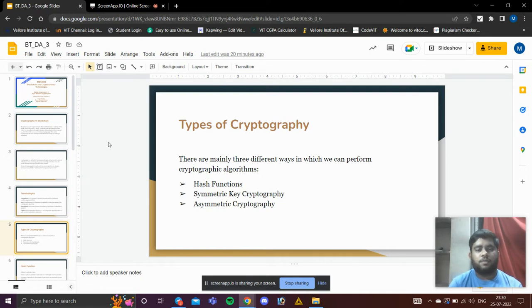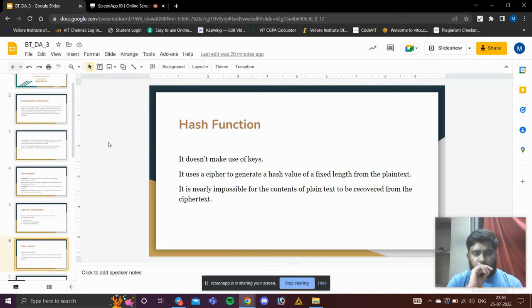So yeah, types of cryptography. There are mainly three types: hash functions, symmetric, and asymmetric key cryptography. We'll see them one by one. First, the hash function. It is the only type of the three which doesn't use any keys.